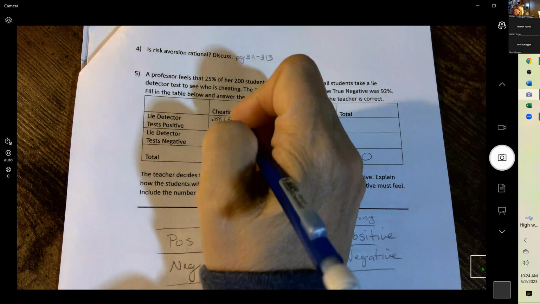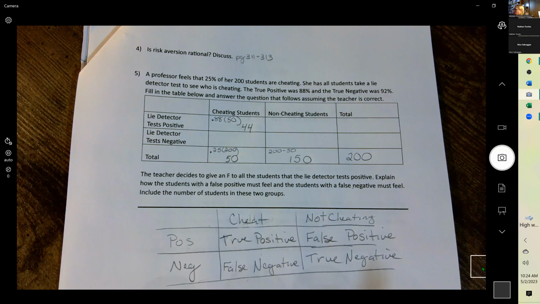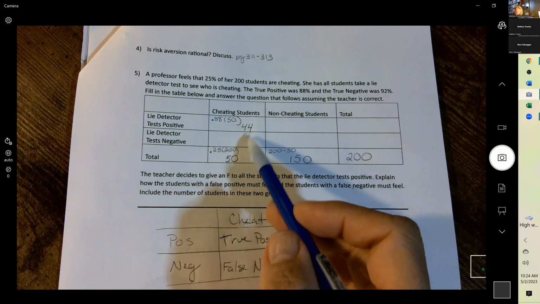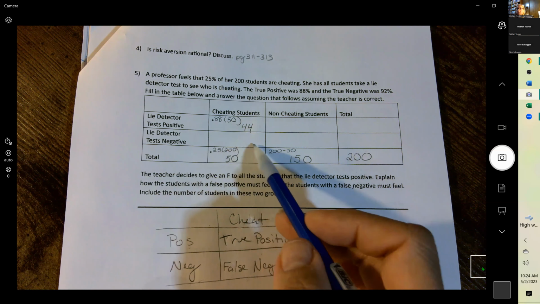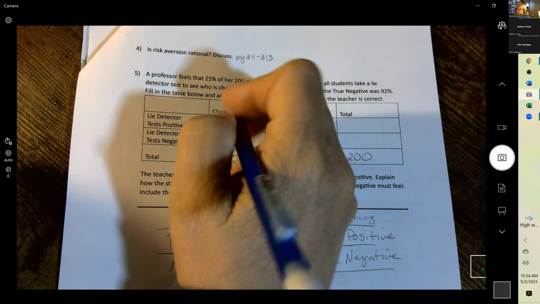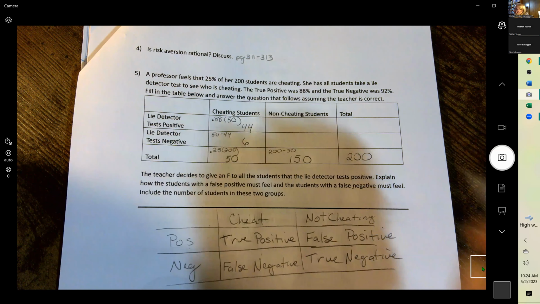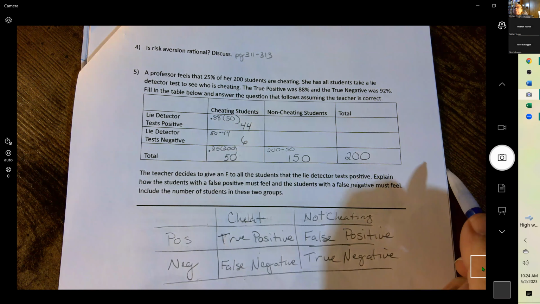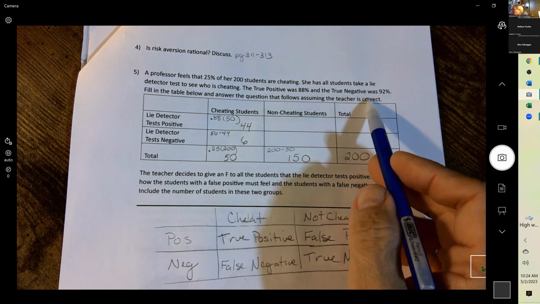I'm getting 44. How many then will be right below the 44? Mm-hmm. 50 minus 44 is 6. 44 and 6 give us our total of 50. True negative.